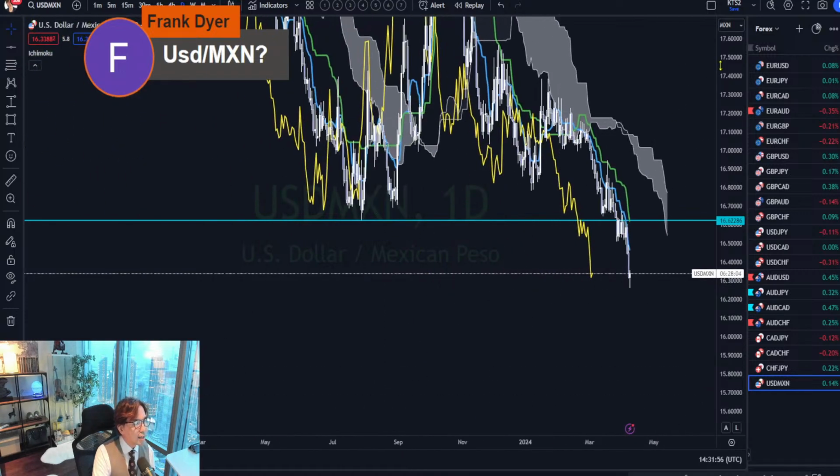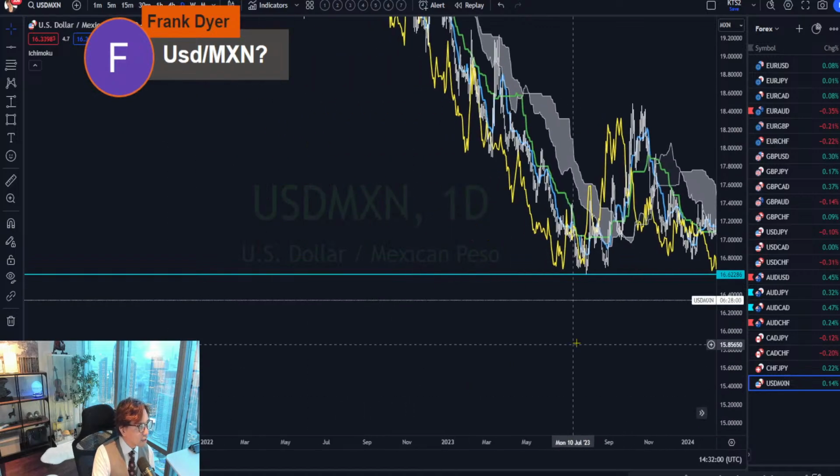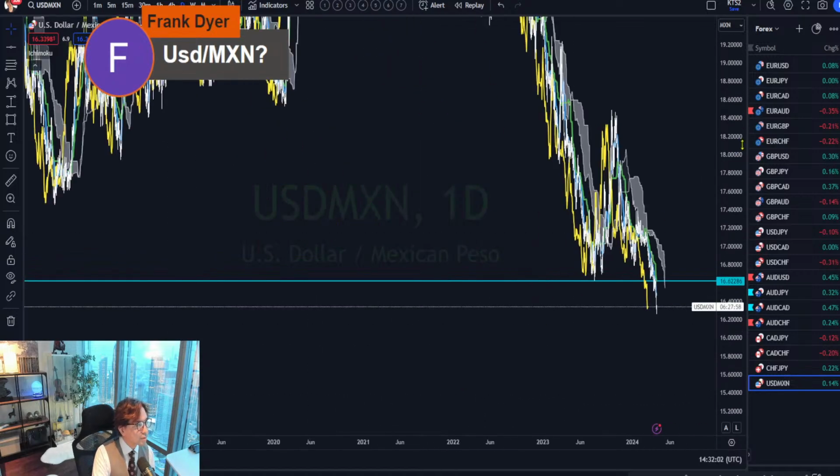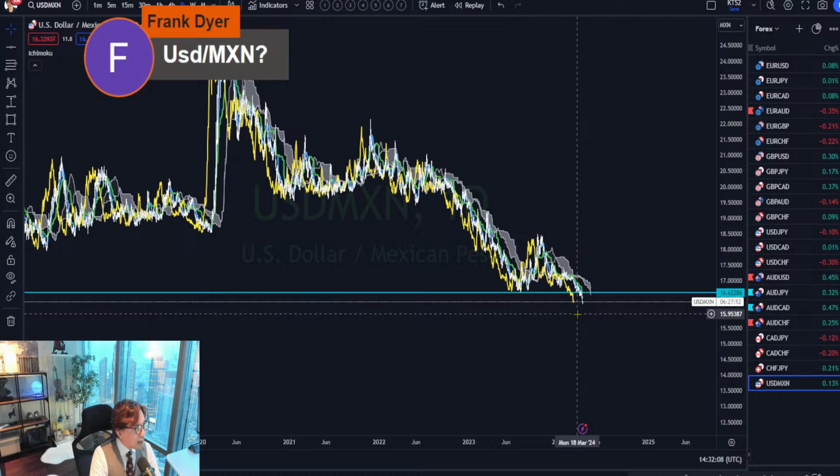That's my analysis. Let me zoom out all the way and just try to get the bigger picture. Okay, so it has been coming down all the way since 2020. And it just broke the support, right? So this is bearish.